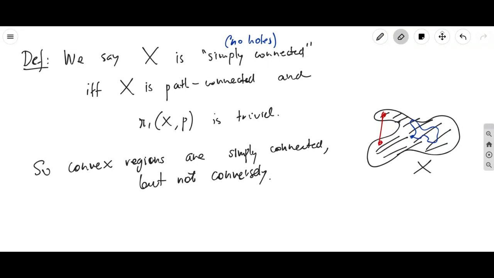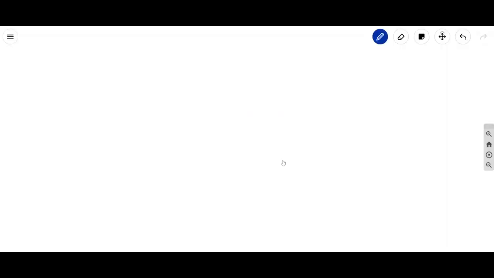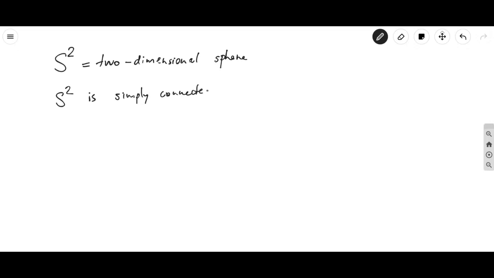Now, let me show you some other examples. An example you probably want to keep in mind is S2, the two-dimensional sphere. S2 is simply connected. It's not convex.